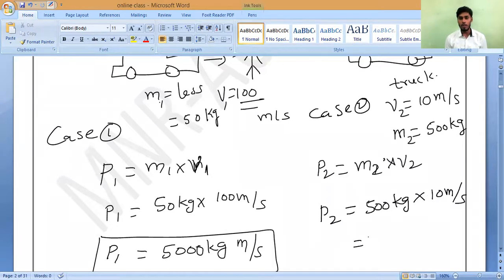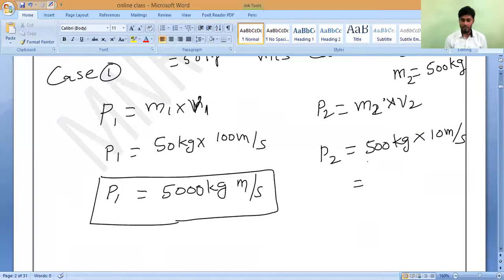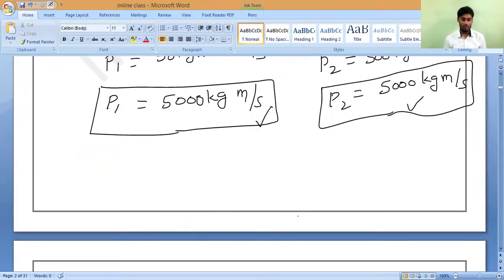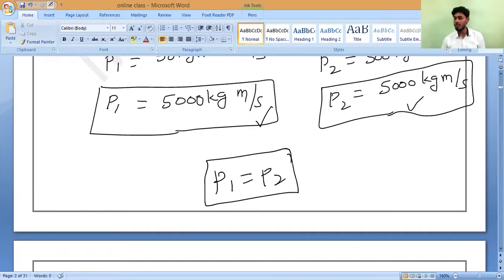If you multiply both, how much will it come? 5,000 kilogram meter per second. So you may observe carefully here: even though the mass is different, the momentum gained by both the bodies is equal. Will you accept it? From this, can I say P1 is equal to P2? Yes, sir.